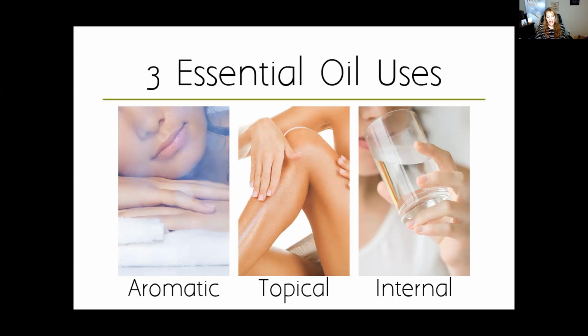Now, let's talk a little bit about purity. We'll get into this in more detail in just a moment, but purity matters because anything that we smell, which would be aromatic use, whether you're breathing it in directly from the bottle or you're using a diffuser like what I have behind me to put essential oils into the air, or even if you just put a drop in your hands and you breathe it in, those are all the ways that we benefit from aromatic benefits.